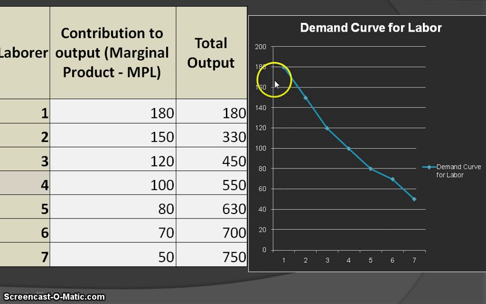But the higher the real wage, the less firms will demand, and therefore it gives rise to a negatively or downward sloping demand for labor curve, as basically when the real wage rises, the demand for labor falls. And alternatively, when the real wage falls, the demand for labor rises. So we have expressed and therefore drawn our demand for labor curve.